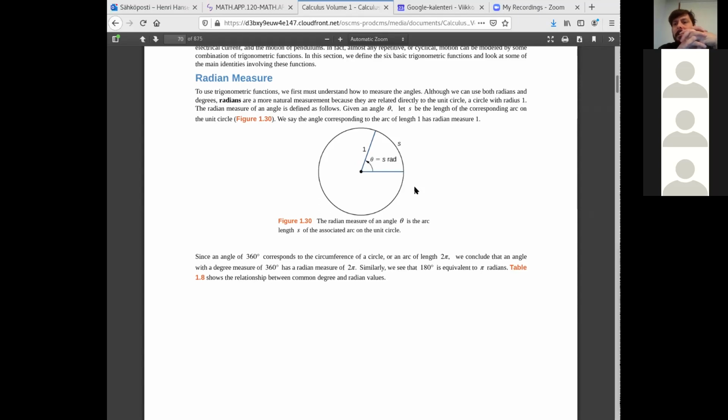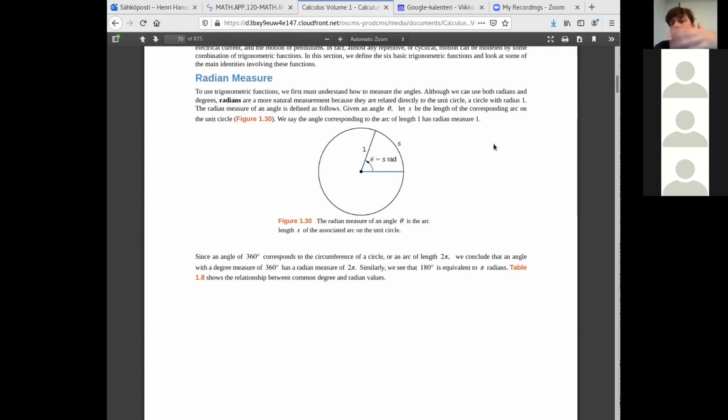It's fairly easy because usually we talk about angles like 30, 60 or 90 degrees, which are easily calculated fractions of pi. 180 degrees conforms to pi, which is 1/2 of the circumference, and 90 degrees to pi over 2, and so forth. So these usual angles are fractions of pi.